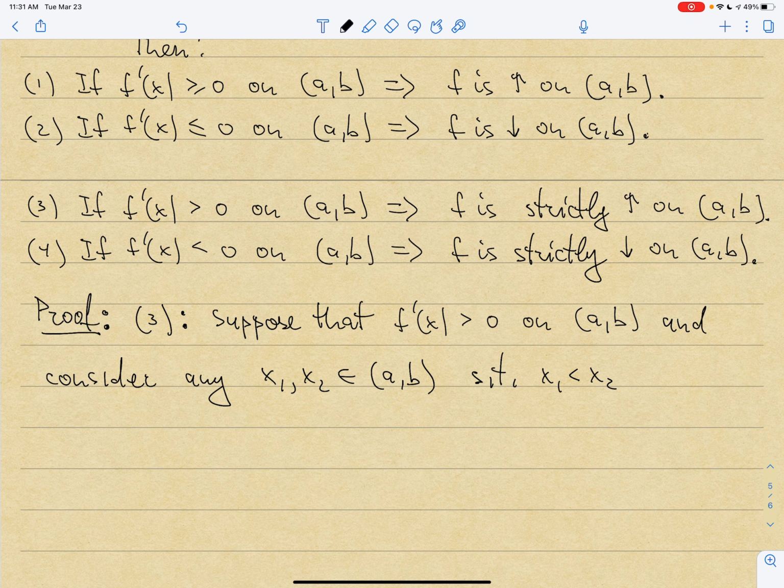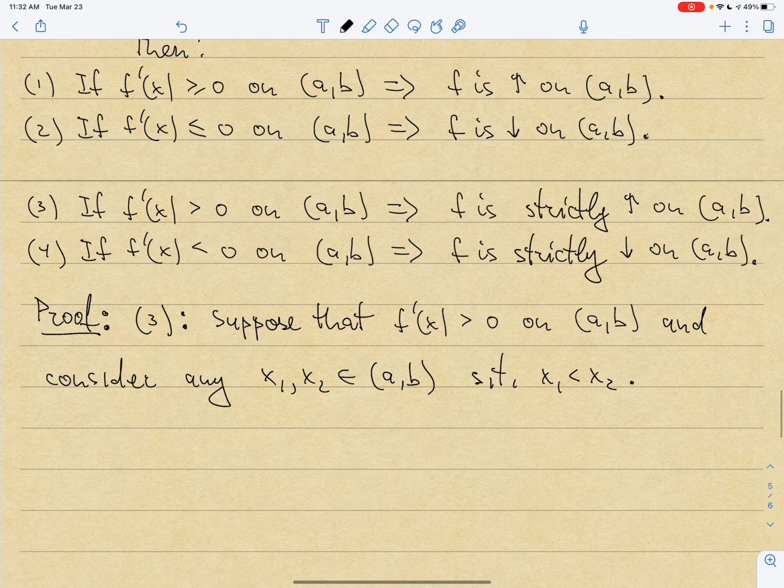All right, so then what do we know? Because derivative is positive on AB, just like in the previous corollary that I proved, that means that f is differentiable at all points of open interval AB.